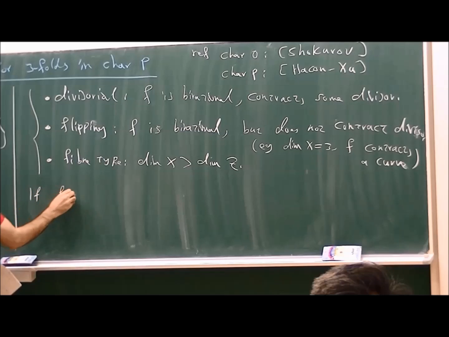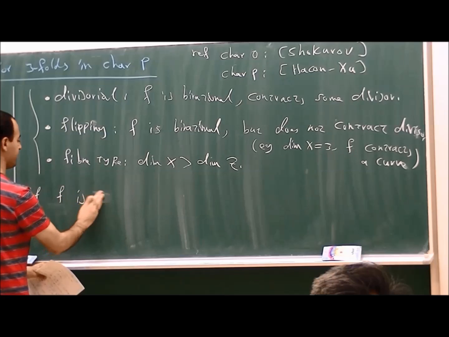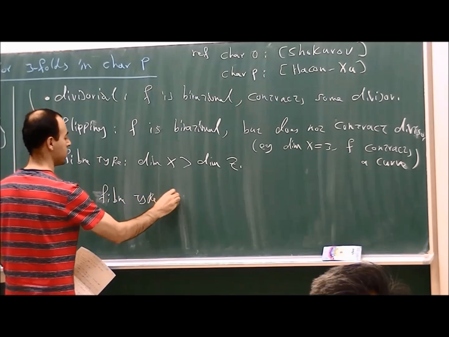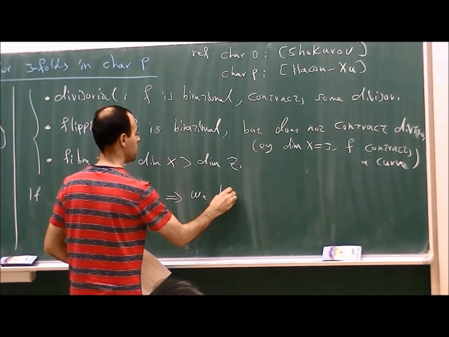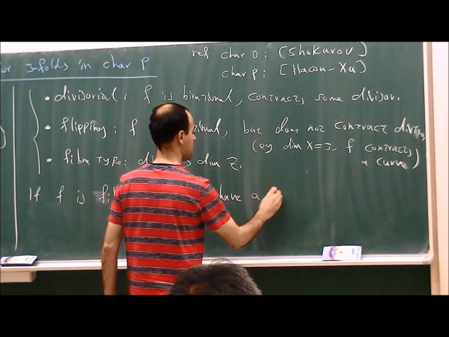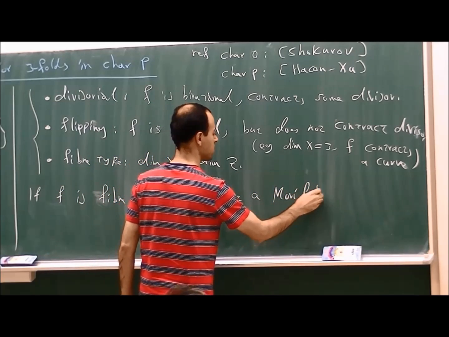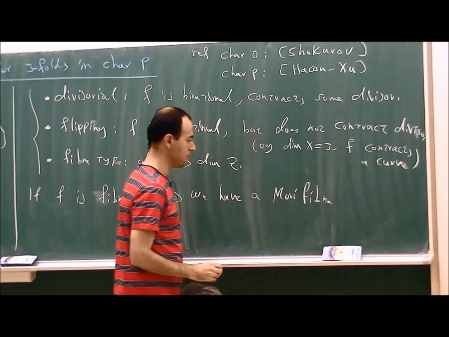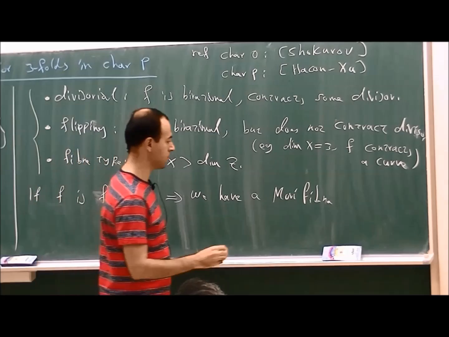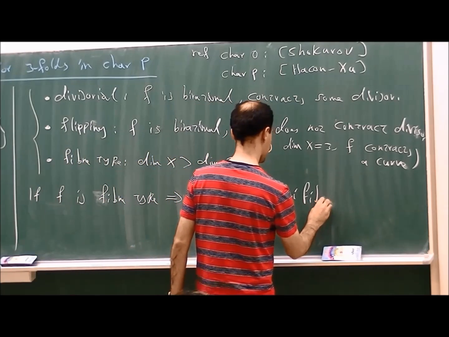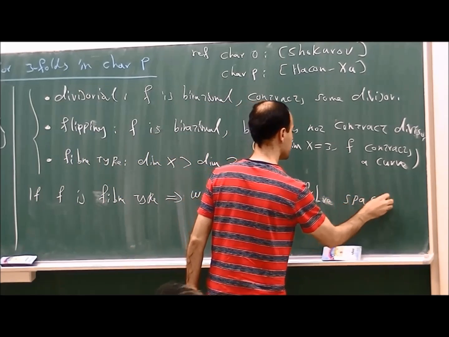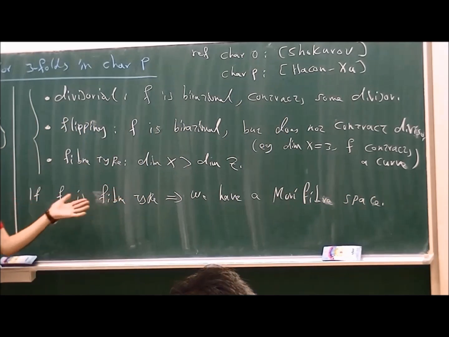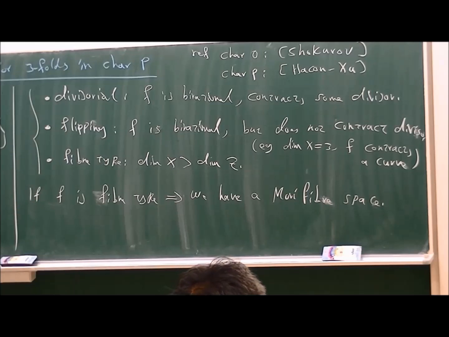So if f is fiber type, then we have a Mori fiber space. This is the kind of negative fibration that I discussed maybe in more detail in the colloquium. So for example, if you start with a surface, this could be just like a ruled surface, like a P1 bundle, something similar to that.